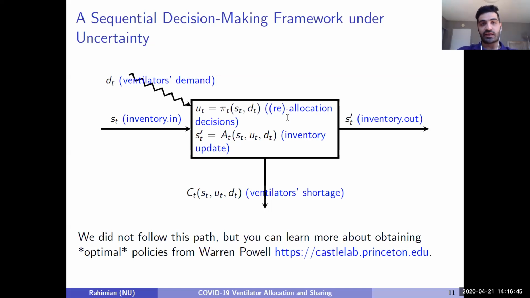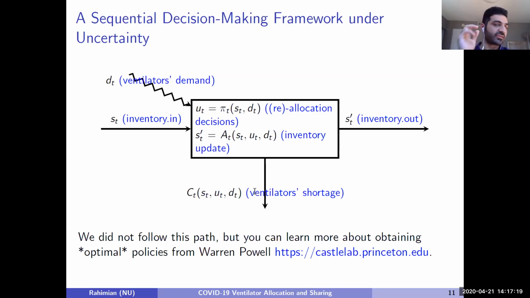States and FEMA have to make allocation and reallocation decisions of ventilators, which is captured by this variable U, a function of the initial inventory and demand. As we make this decision, the state of the system, the current inventory level, is updated, which is again a function of decisions, initial inventory and demand. And all these decisions impose a cost on the system, which is a function of all these three parameters.